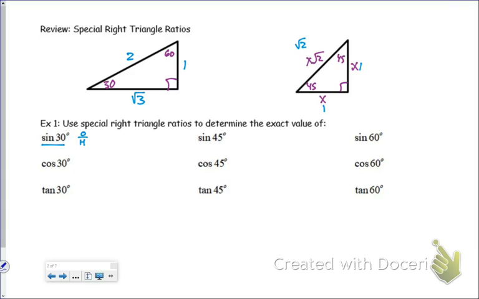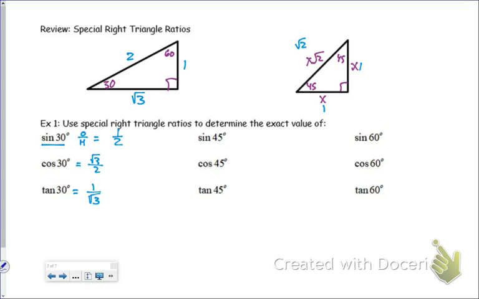So the sine of 30 degrees is the opposite over the hypotenuse on my special right triangle, which is 1/2. The cosine of 30 degrees is the adjacent over hypotenuse, which is root 3 over 2. And the tangent of 30 degrees is the opposite over adjacent, which is 1 over root 3.